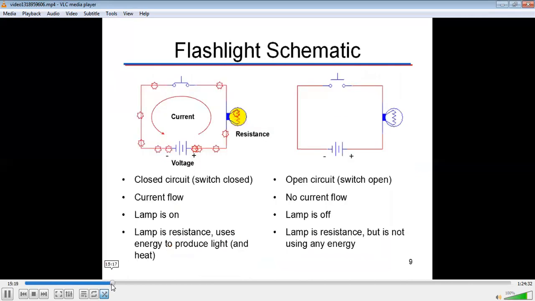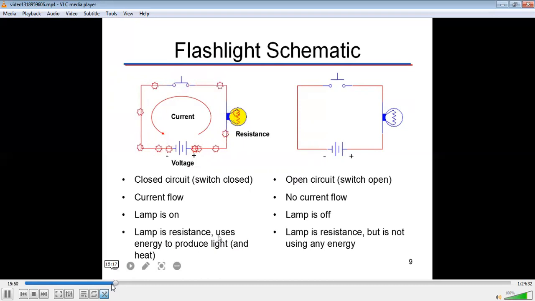Another one, the flash schematic. There are two types of circuit. One is closed circuit, the other is open circuit. You must know electric current flows from positive terminal to negative terminal here, and due to resistance, the lamp is on here. But on the right one, open circuit, no current flows, the lamp is off, because the lamp is a resistance but is not using any energy.